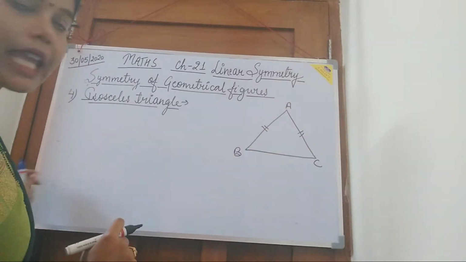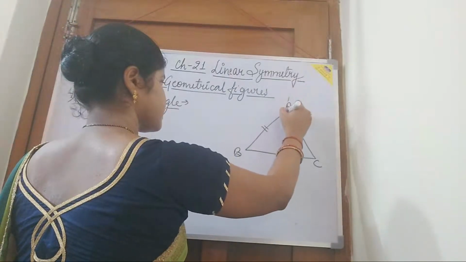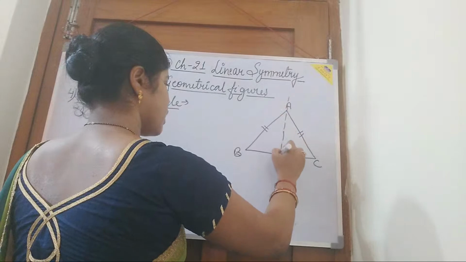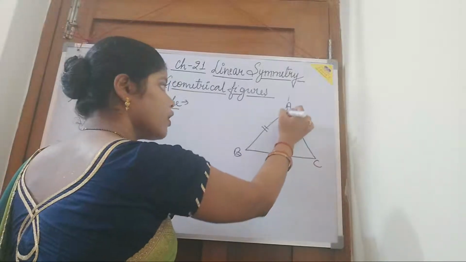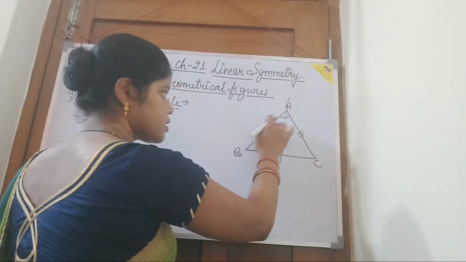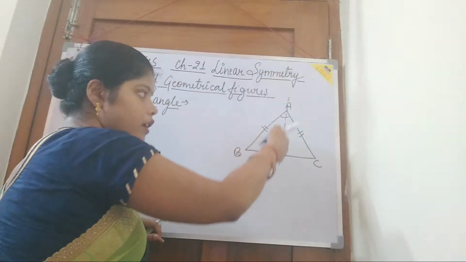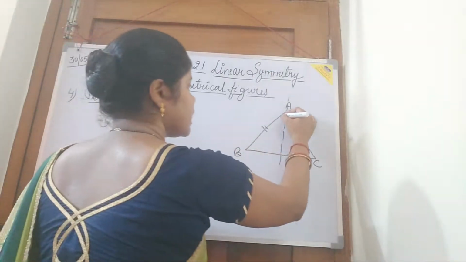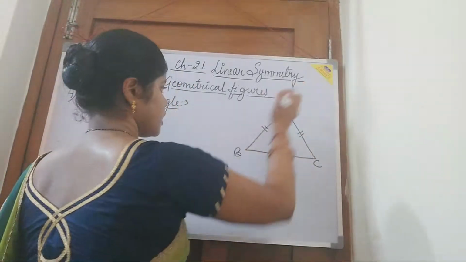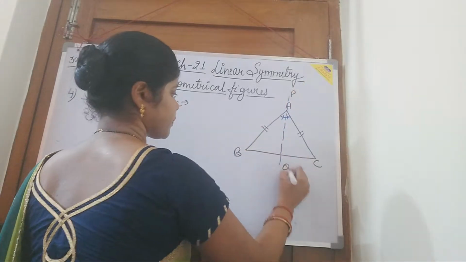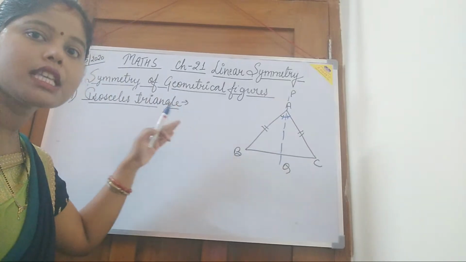Always remember, wherever we have two equal sides, these two equal sides have an included angle, here A. So from there you have to draw the line of symmetry or axis of symmetry, which divides the angle into two equal parts. So here this line PQ is the line of symmetry for the isosceles triangle ABC.